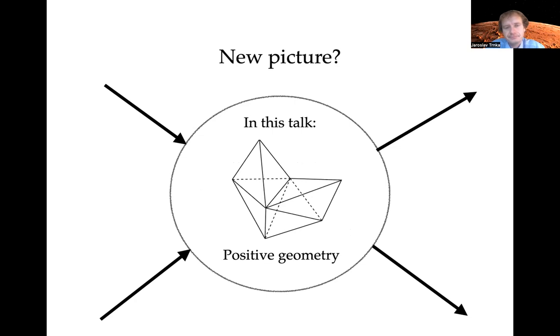But with my collaborators, we have been interested in recent years in connecting the question about calculating scattering amplitudes to something kind of very alien from that point of view. And that's the connection to so-called positive geometry.